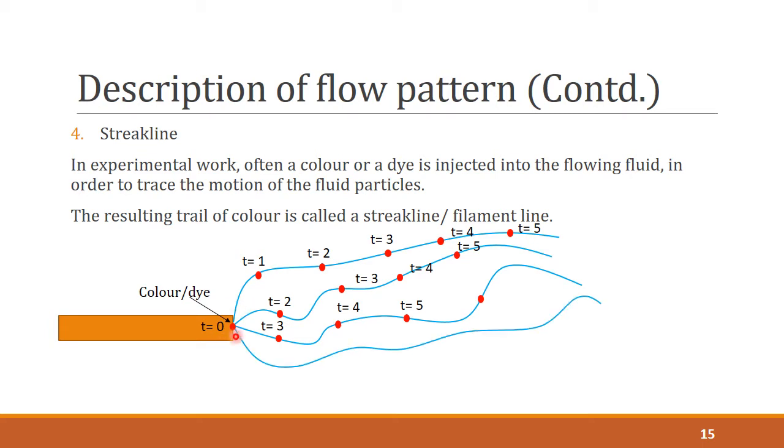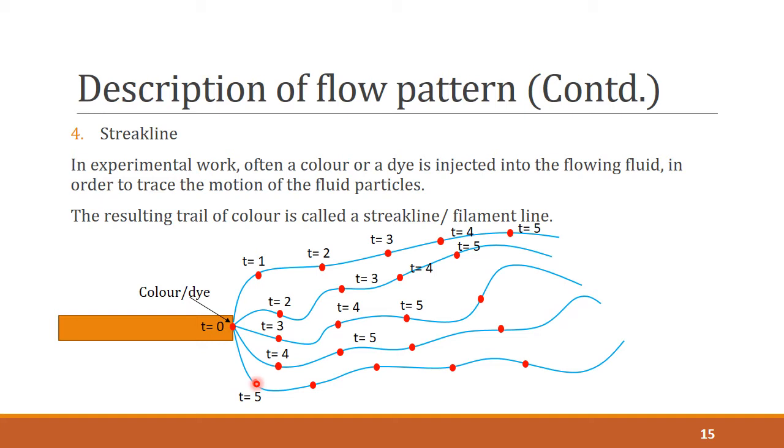This is the fourth fluid particle, and it reaches the dye at time t equal to 3. So at t equal to 4 it is over here, at t equal to 5, and so on. And the next fluid particle reaches the dye at time t equal to 4, and now it is here at t equal to 5, and so on and so forth.